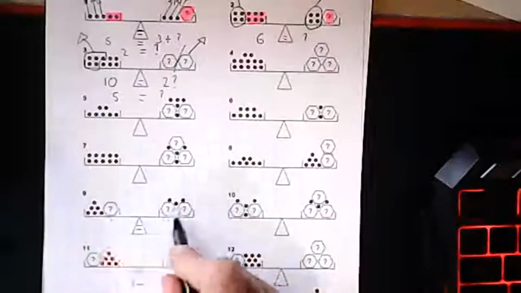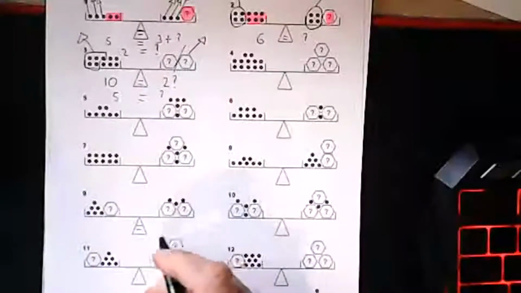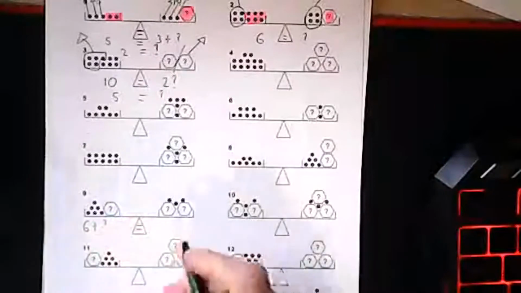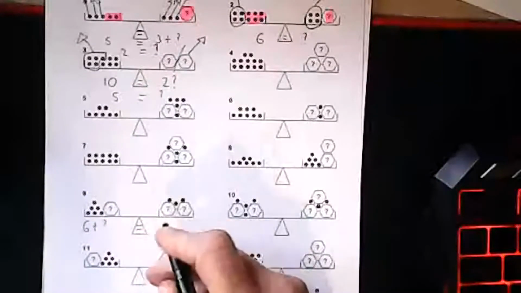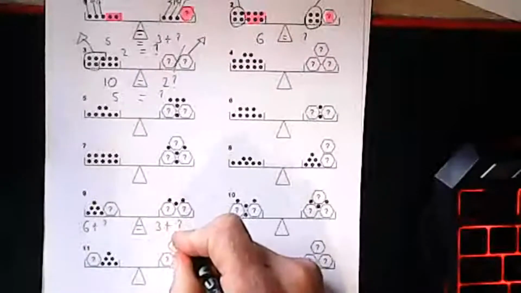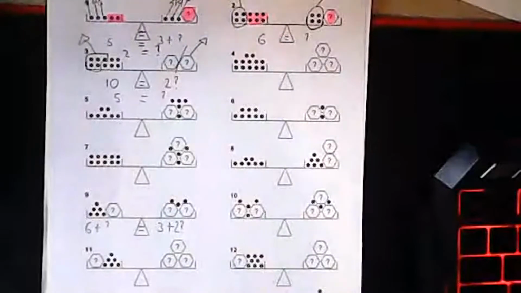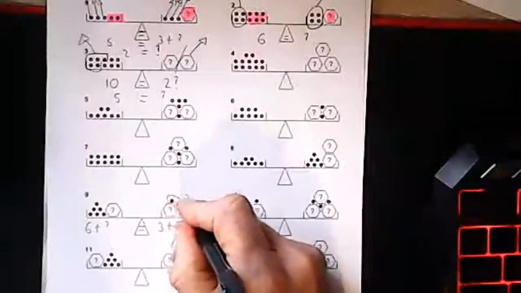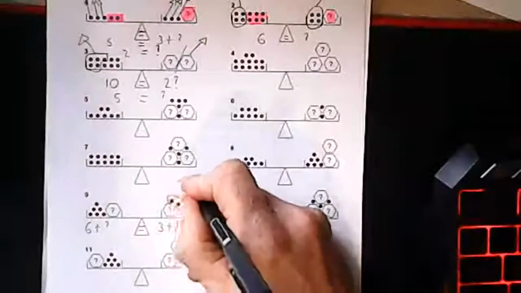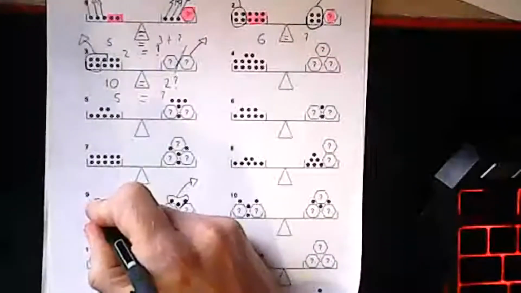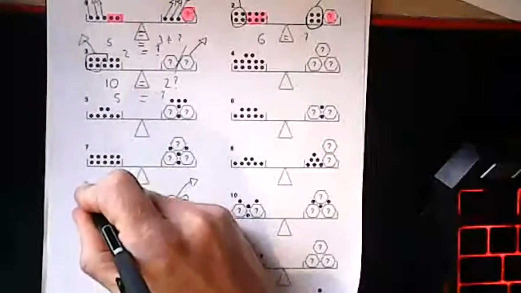First of all, I'll write these out in an algebraic method: 6 plus question mark equals 3 dots plus 2 question marks. So we've got to take away various things here. The first thing I want to do is take away these 3 dots. And then on the other side, to balance, I've got to take away 3 dots there.